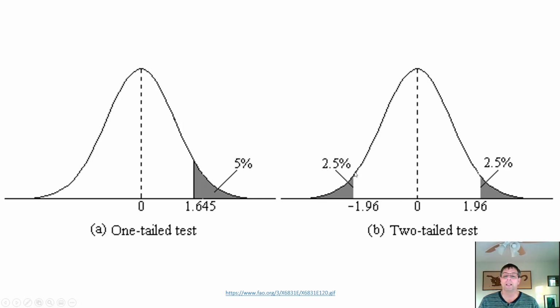On the two-tailed test, you split that 5% between the two tails. So you actually have to be almost 2 standard deviations away for the value to become statistically significant when you're just saying there's a difference. Remember, the one-tailed test is when you say one is bigger than the other or smaller than the other. The two-tailed test is when I'm not sure what the direction is, but they're different.